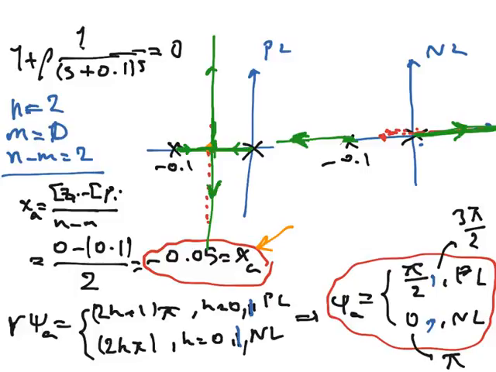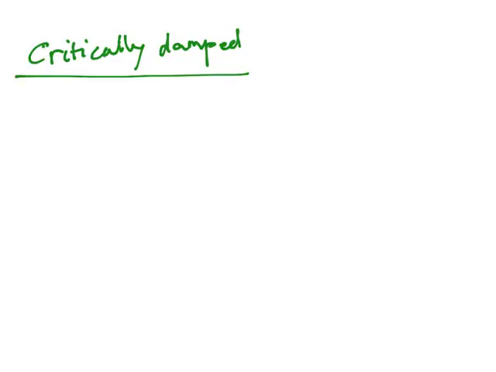Okay, and then let's see what are the questions that we have for this example. Compute, if possible, the value of Kp such that the step response of the closed loop system is critically damped. So we want to have the step response of the system to be critically damped. This is a second order system, we have two poles. When do we have the critically damped behavior?